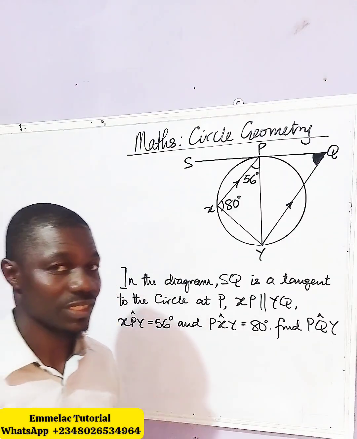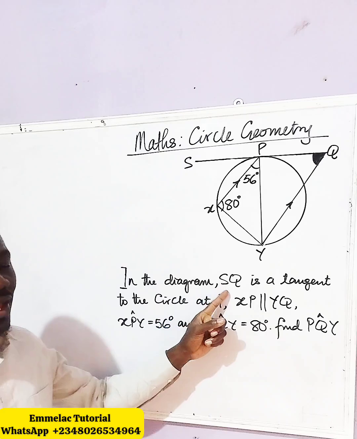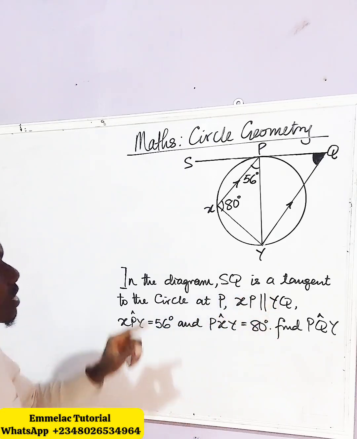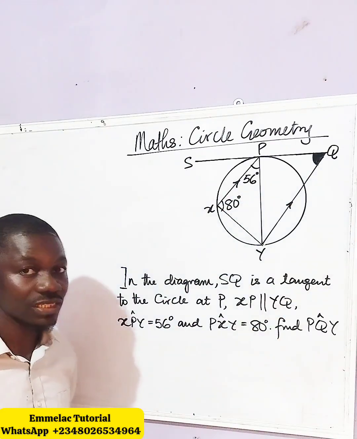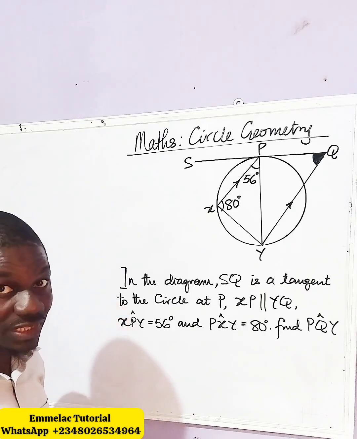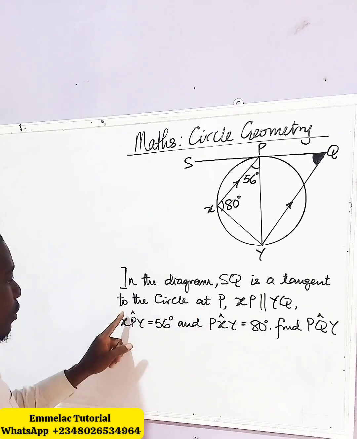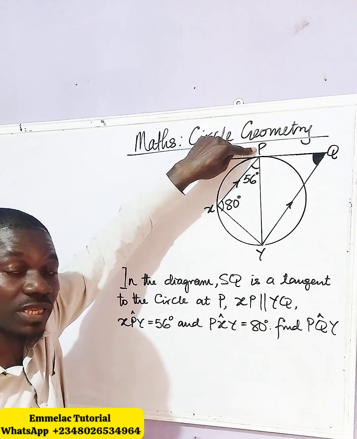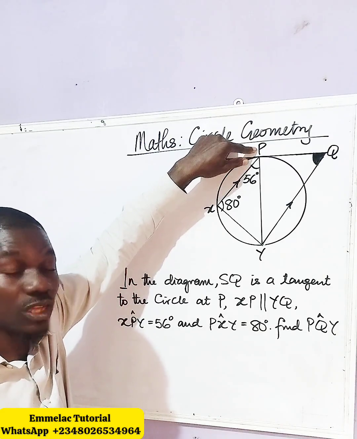Now before us is this circle geometry question, and it reads that in the diagram SQ is a tangent. The tangent is just a straight line that meets a curve, a tangent to the circle at P. So this point P here is where the straight line meets the curve.